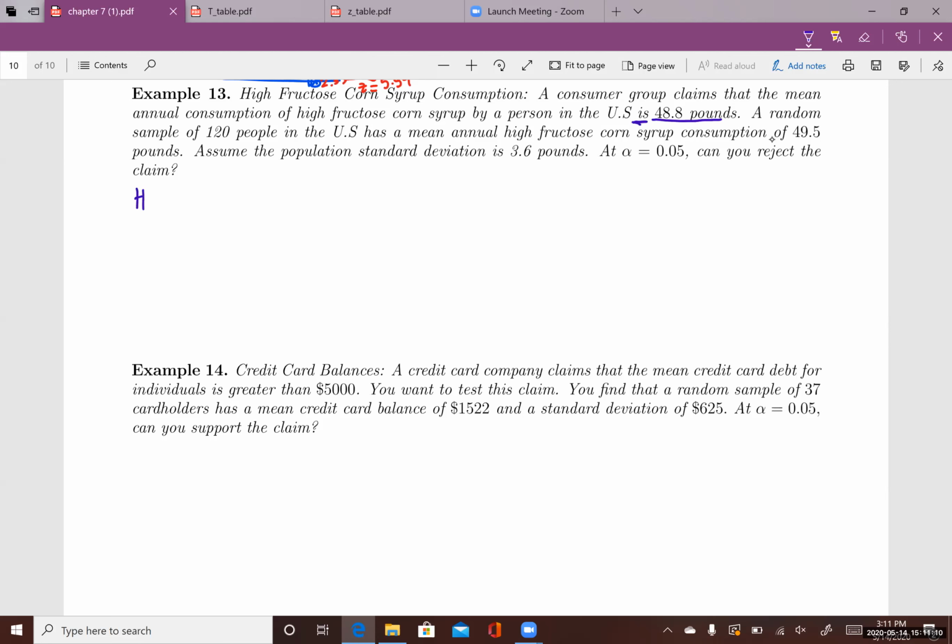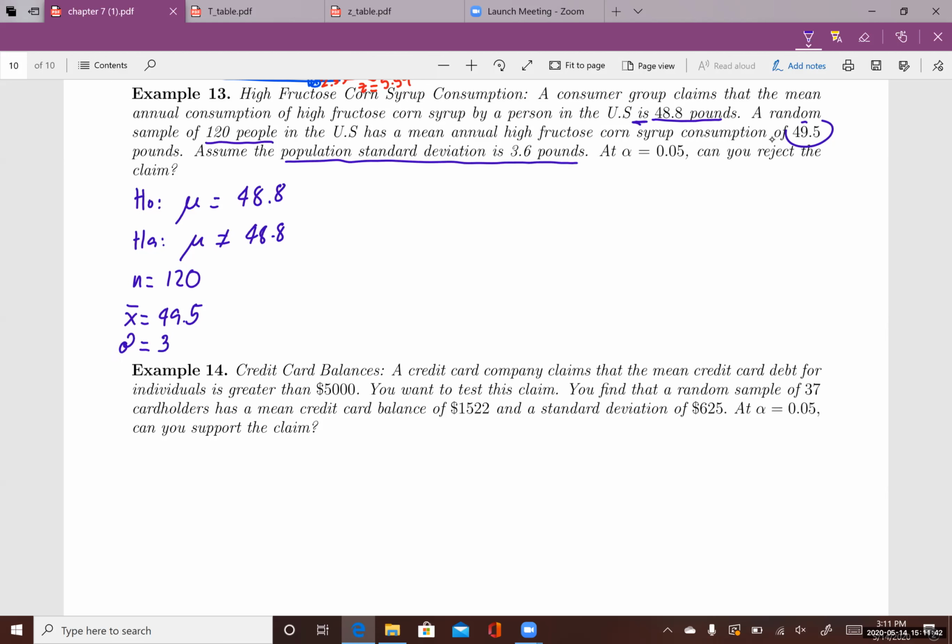That means you know that the null hypothesis is mu equals 48.4, and the alternative is not equal to. A random sample of 120 people, that means n is 120, and the mean of the sample is 49.5.